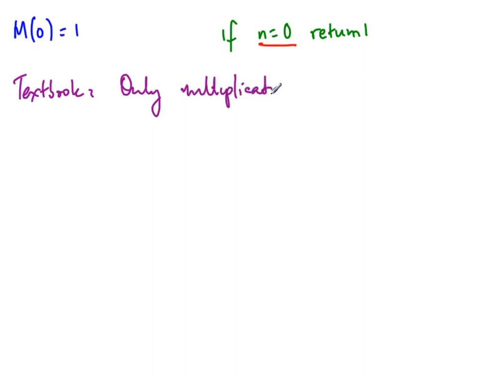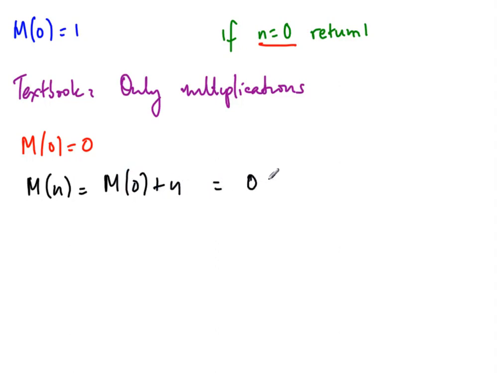So the n equal to 0 case has no multiplication, and we end up with M of 0 is equal to 0. Therefore, if M of n by backward substitution is M of 0 plus n, then this is 0 plus n, which is n. This is different from our answer, which is M of n is equal to 1 plus n.